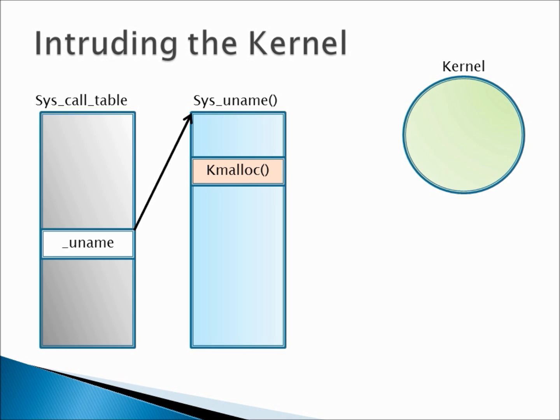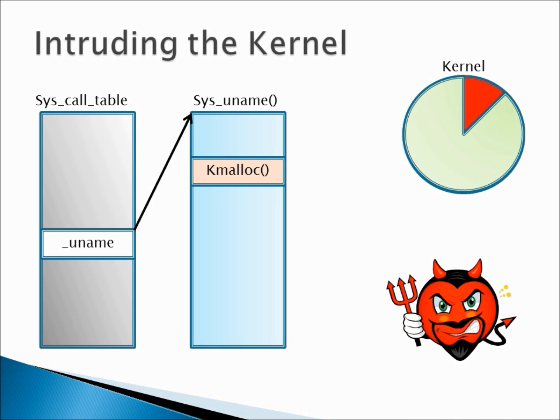Now this sysunion is called, which internally calls kmalloc function and hence allocates memory in the kernel space. Now the rootkit occupies this part of the kernel memory and starts its malicious activities.